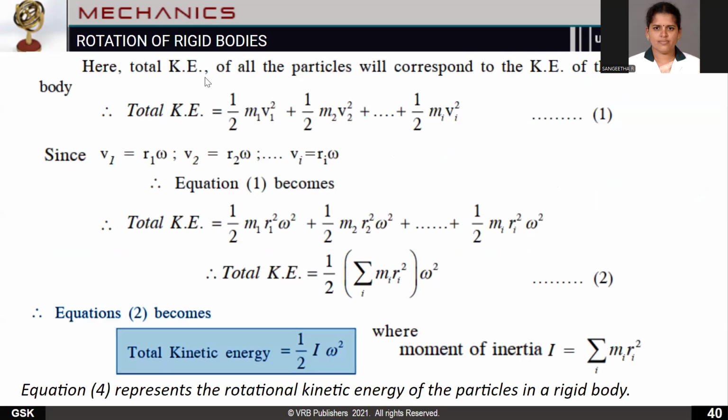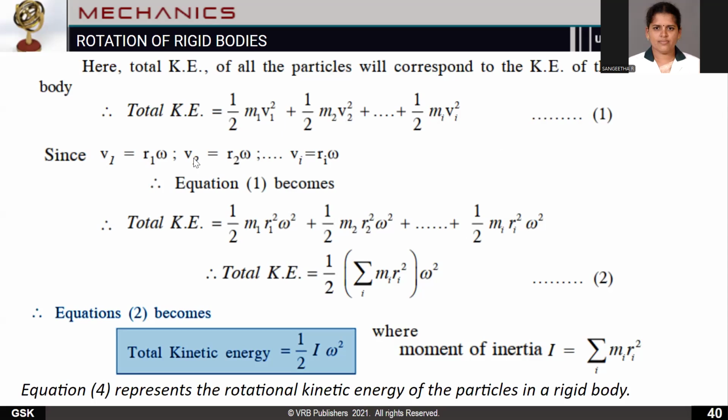Then the total kinetic energy of all the particles corresponds to the total kinetic energy of the rigid body. So the total kinetic energy is, for particle 1, half m1 v1 square, for particle 2, half m2 v2 square, and so on up to particle i, half mi vi square.